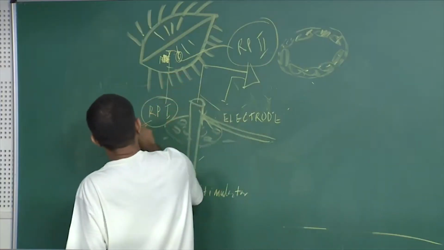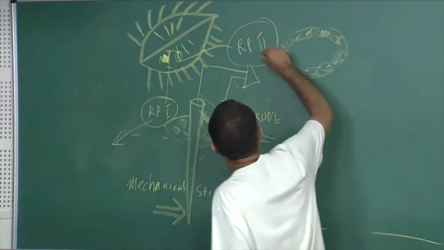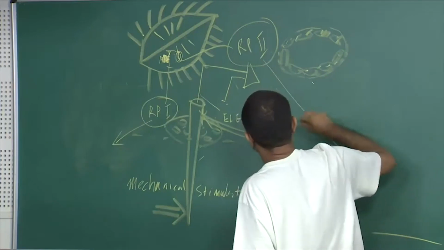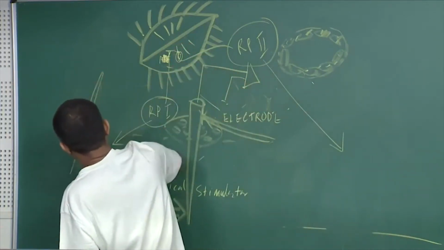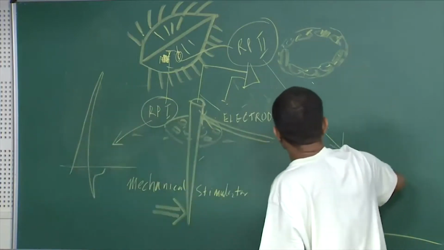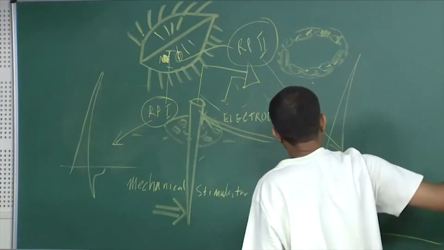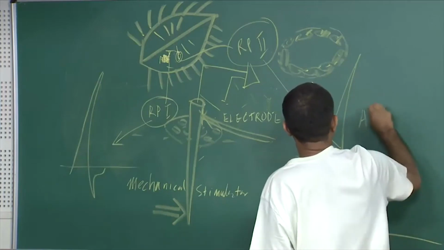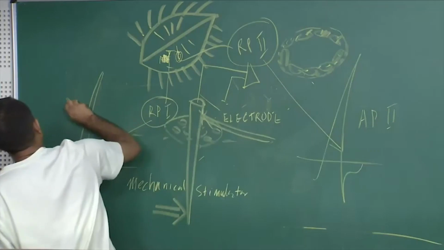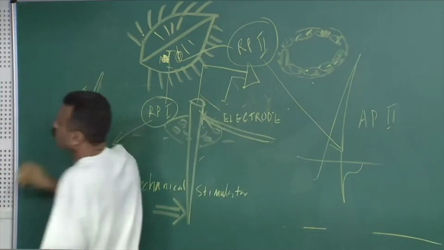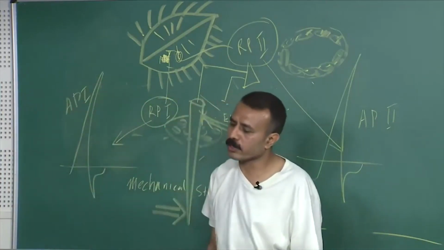One action potential is coming from RP1, the other action potential is generated from the other one where it is hitting. So, one action potential out here, another action potential out here, AP2, and you have AP1. So, now there are two action potentials which are generated.